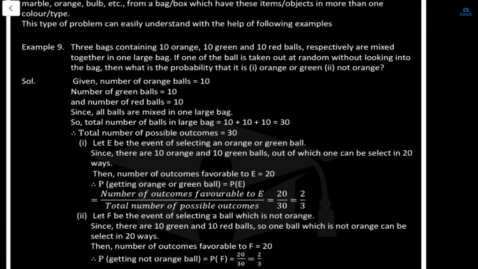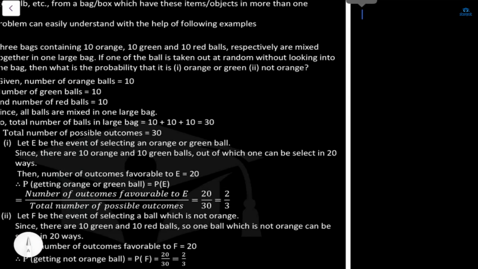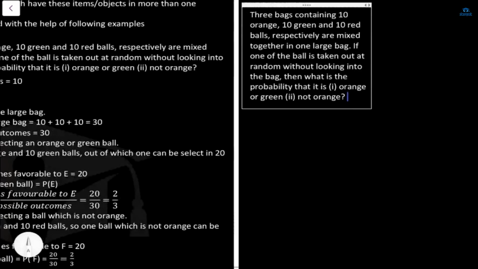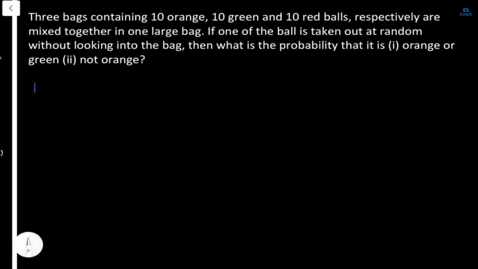Now the question here is: 3 bags containing 10 orange, 10 green, and 10 red balls respectively are mixed together in one large bag.